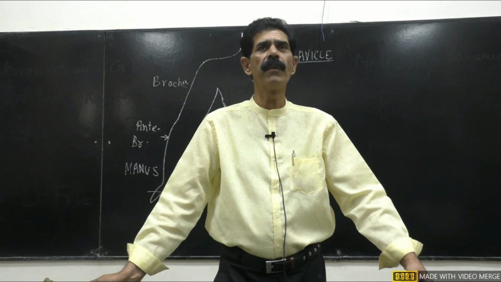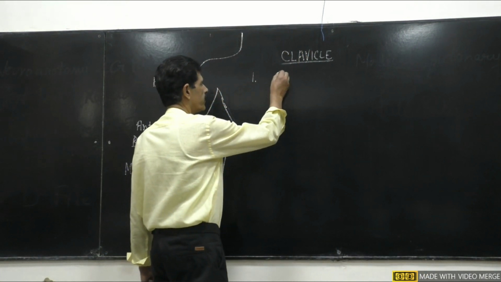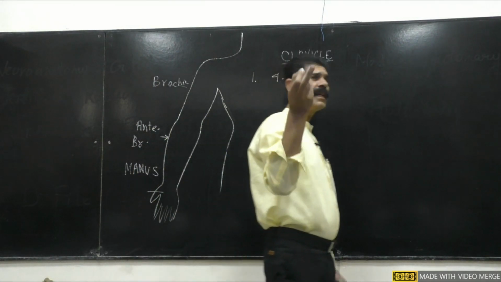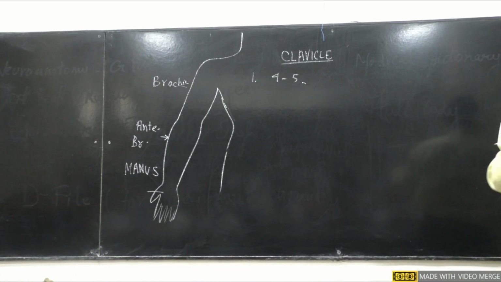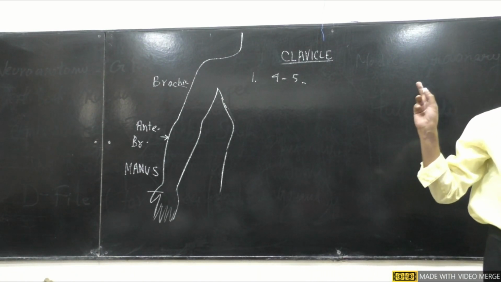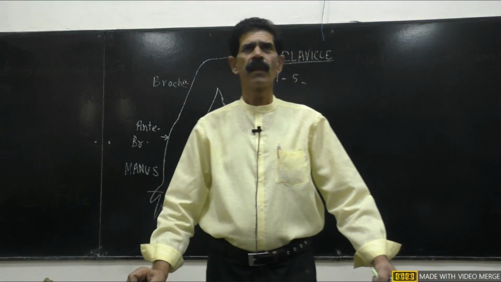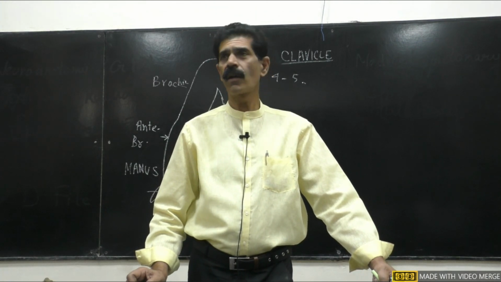So that you have to remember. How many weeks? 4 to 5. And it is the bone which is last to complete. Means all the bones before it, they all become solid. This is the last bone which becomes solid. So it takes a long process, a long duration to ossify. That you have to remember.